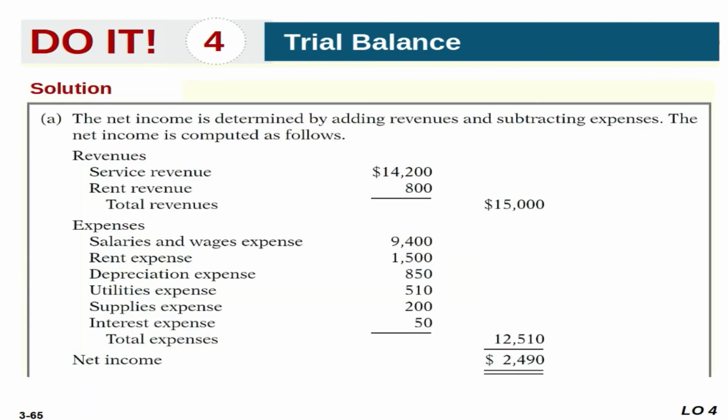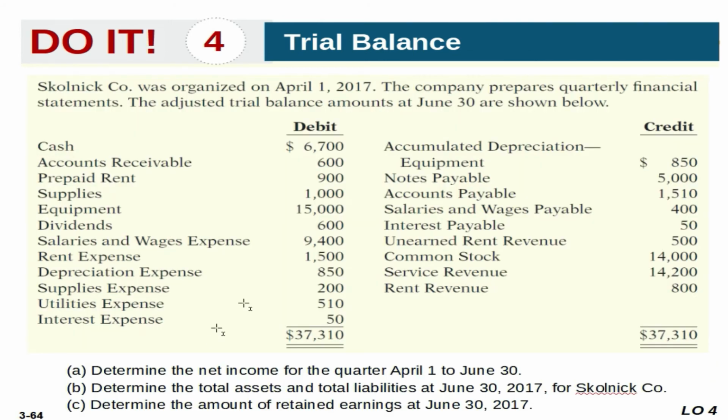So we'll work backwards and go to the income statement. What are our revenues? You can go back here and see where your revenue account is. Is there only one account or are there multiple revenue accounts? There's service revenue and rent revenue. So there are two revenue accounts, and everything that says expense is an expense account.